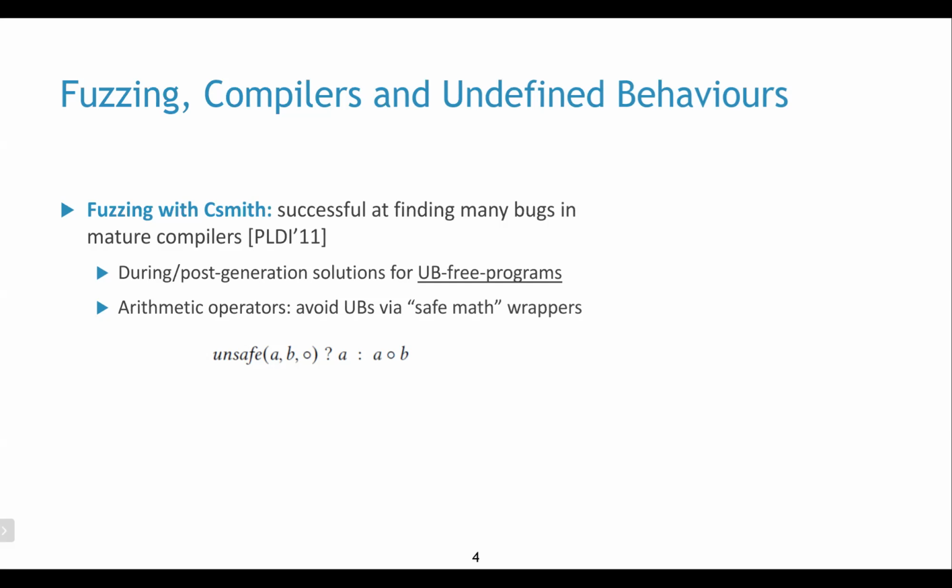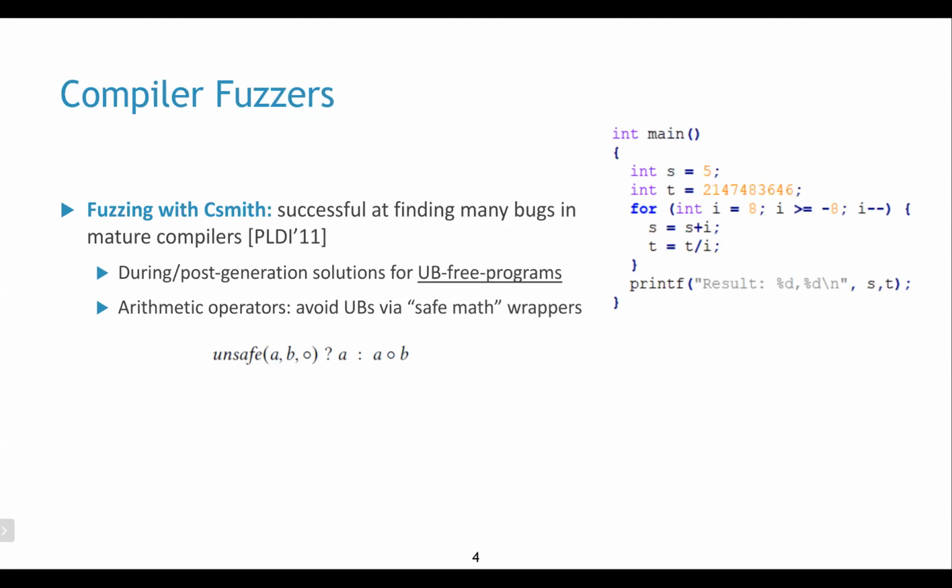For arithmetic operators, to avoid undefined behavior, it uses safe math wrappers. It looks something like this. We have an unsafe check that says that if A and B on operator circle might or can trigger undefined behavior, then we return A. Otherwise, we return the result of A circle B. If we look at the example on the right, we have in the for loop plus and division.